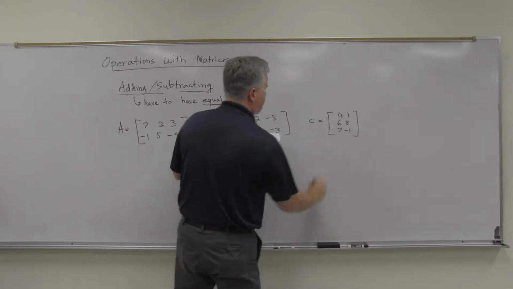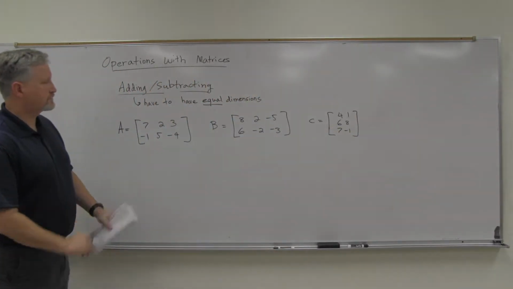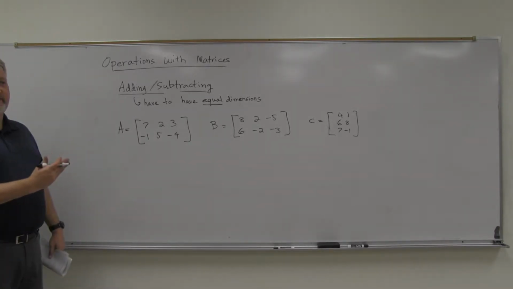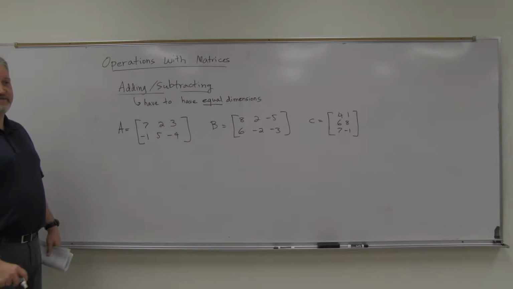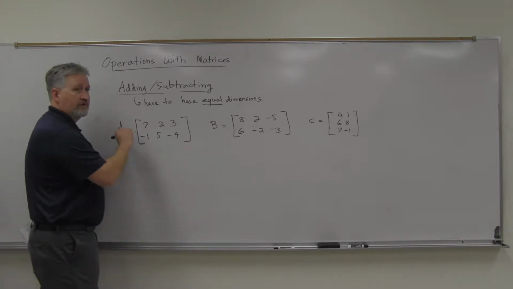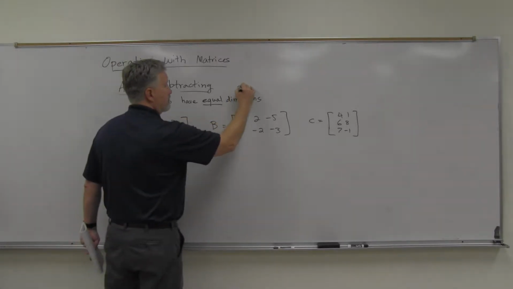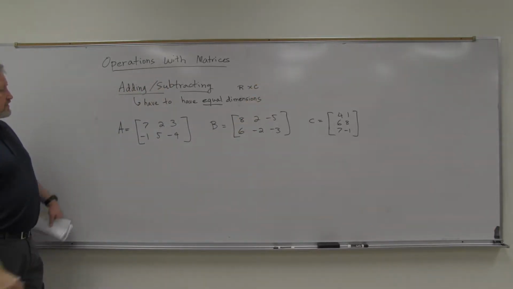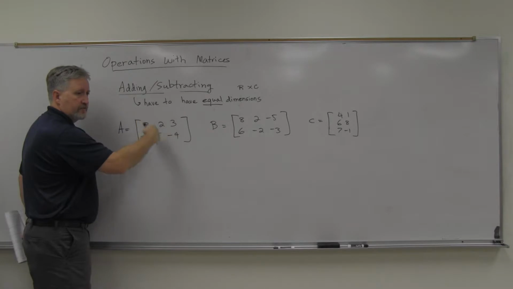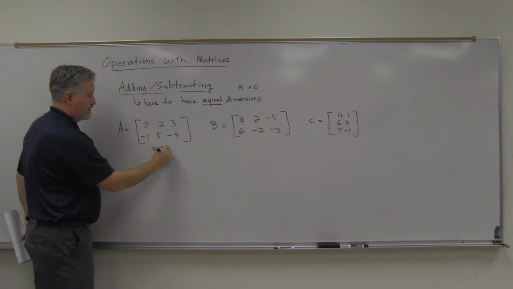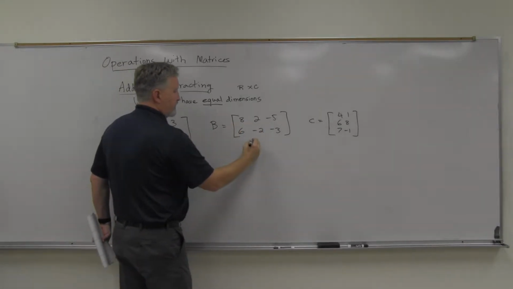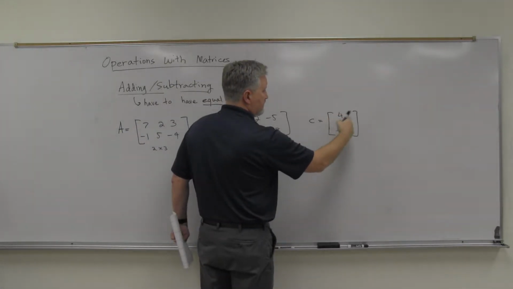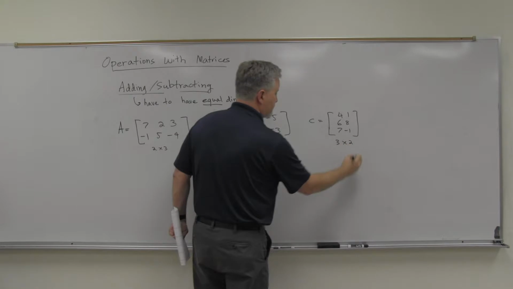Those are the rows of C. Obviously, A and B have the same dimensions, don't they? Remember, it's rows times columns as it's usually listed. So we have 2 rows, 3 columns, so this is a 2 by 3. But this one is what? 3 by 2. 3 rows, 2 columns.